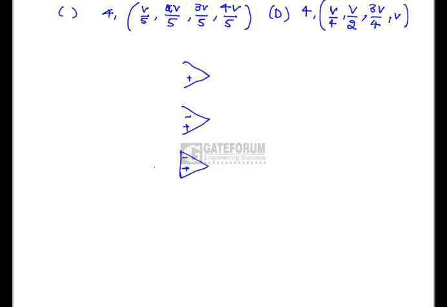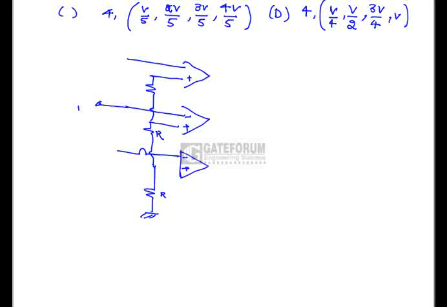Now what I will do is, here this is some resistor R, another resistor R, another resistor R. This is the analog voltage. Now this is the reference voltage VR.